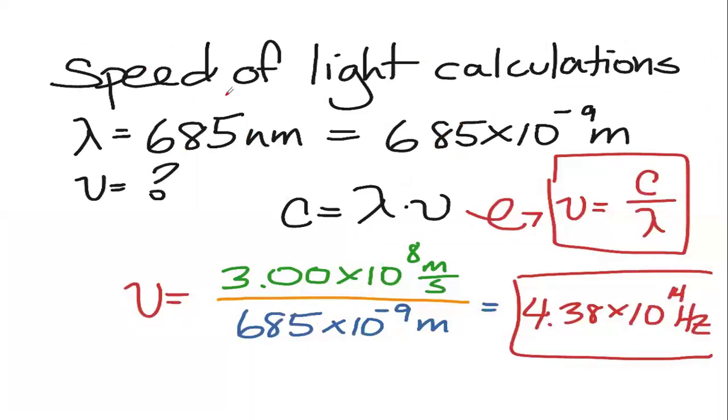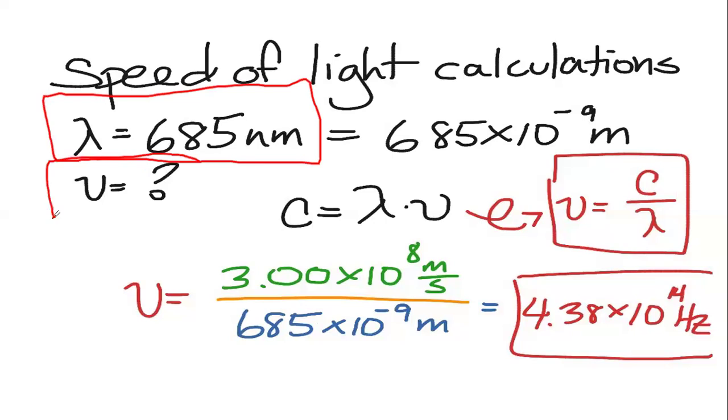They're saying speed of light calculations. If I have a wavelength of 685 nanometers, what will be my frequency, which is the v there? So this is the speed of light. We know definitely that the value of the speed will just be 3.00 times 10 to the power 8, right?